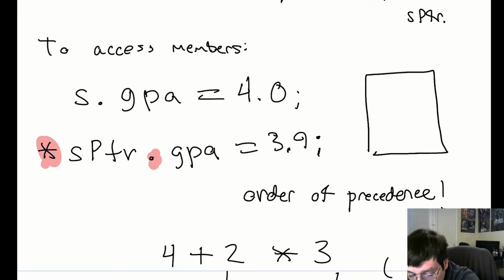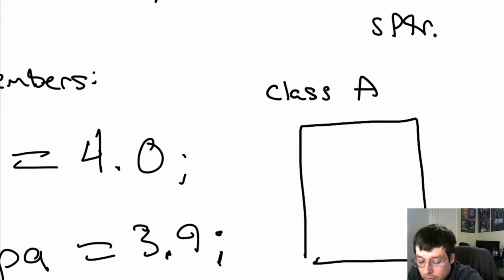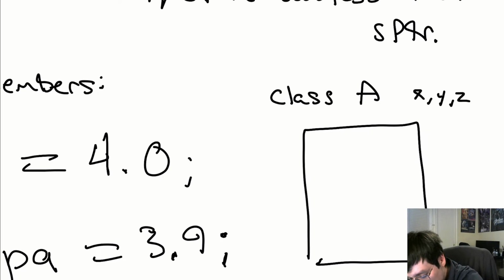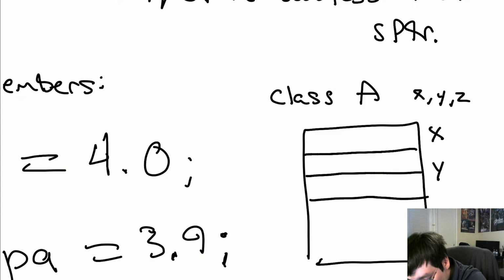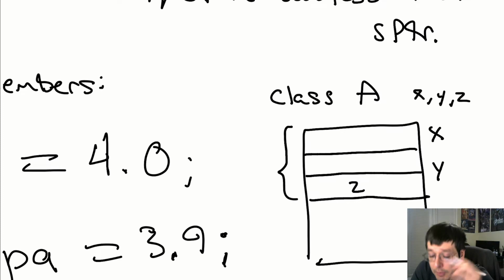So let's say we have a class A, and it has three variables in it, which are X, Y, and Z. Class A is going to have a spot for X in this order, a spot for Y, and a spot for Z, and they're all going to be bundled. You don't know where in memory, because when you create the object, it just goes anywhere in memory, but they're going to be together. And typically, the address of A is just the address of the first member of A. So this is also the address of A.